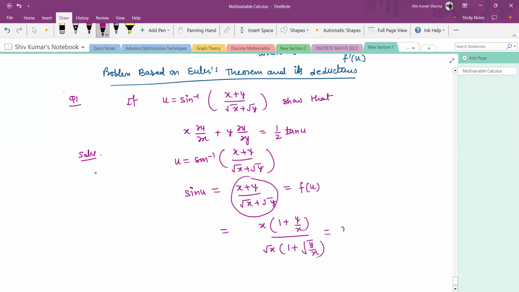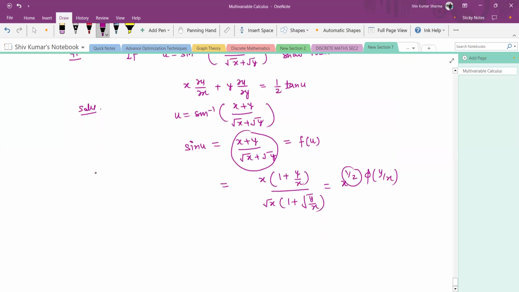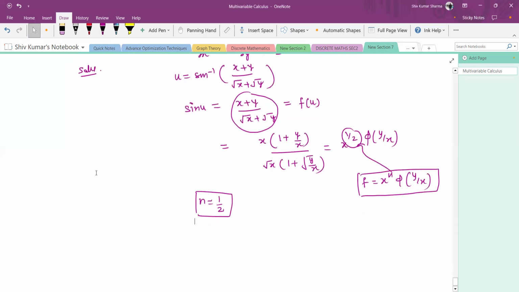So this gives us x raised to the power 1/2 times a function of y/x. The general formula says that when the function f is in the form x^n times a function of y/x, it is a homogeneous function of nth degree. So we compare, and here n = 1/2. That means the degree of the homogeneous function is 1/2.